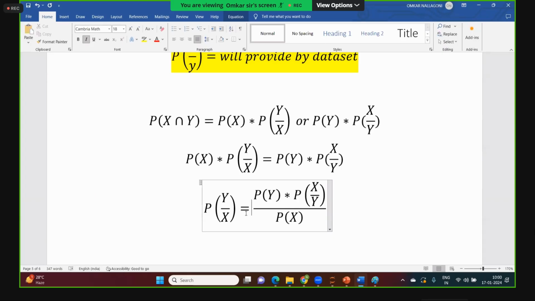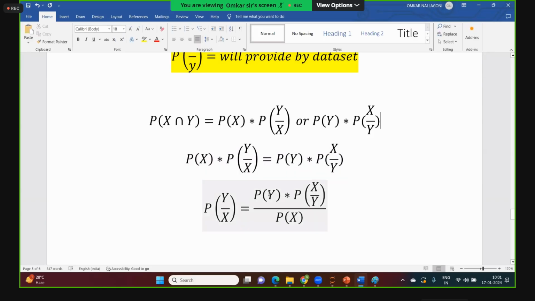Is that clear? Tell me. P of X into, that's why we are equating this. This formula is equal to either this or this, so they both are equal. Where do you cancel P of X?